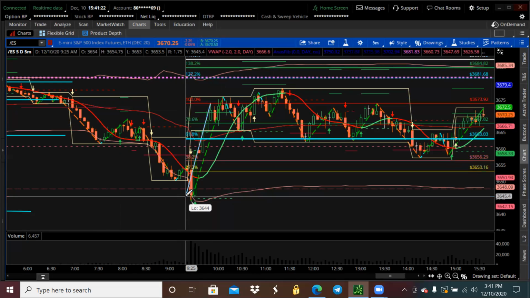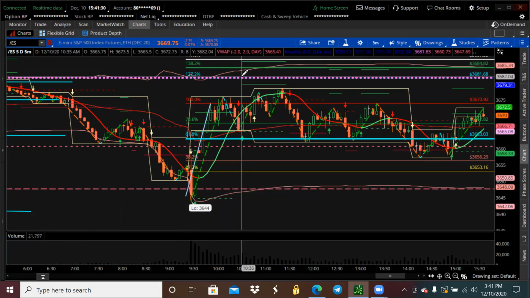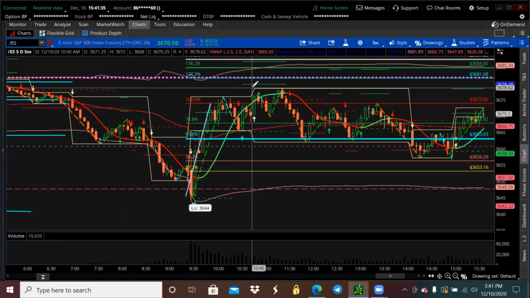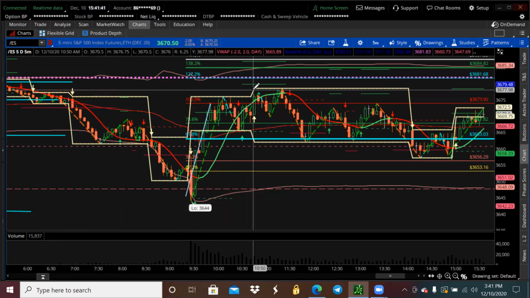So the target that I had earlier on the ES, 72 to 80, this is the pivot. Normally we would get there. The 72 is right here, and we did reach 78. We're kind of shy of it on that particular one.